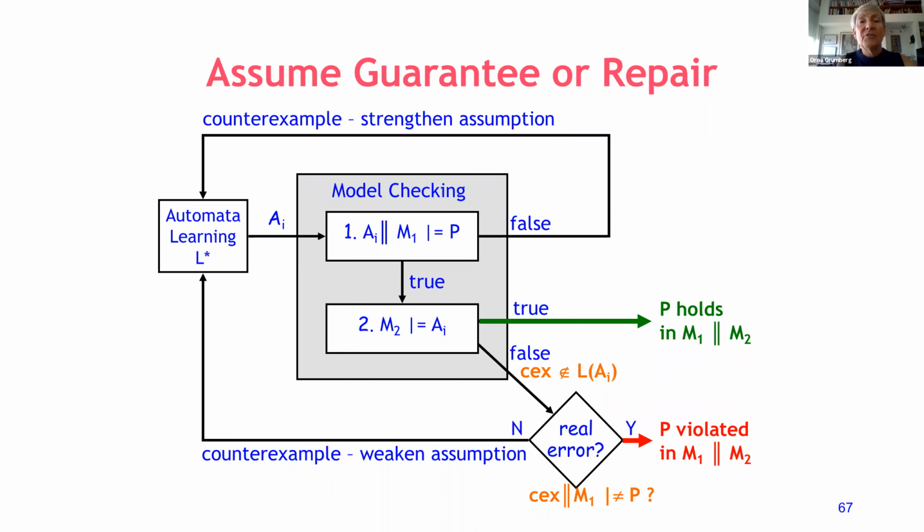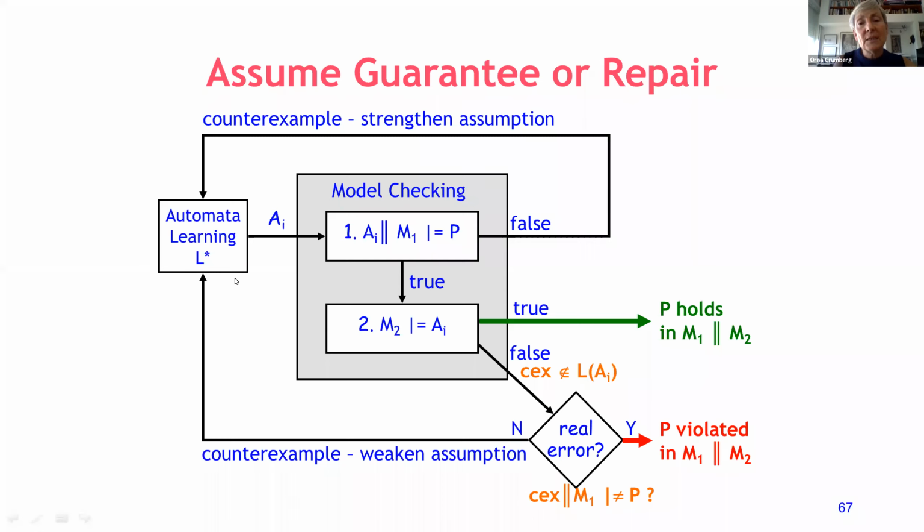So here is the framework for the assume guarantee, a very rough description of the framework. We use automata learning L star in order to construct an assumption. We then check the two premises of the rule, and if either of them doesn't hold, then we go back to learn a new assumption.